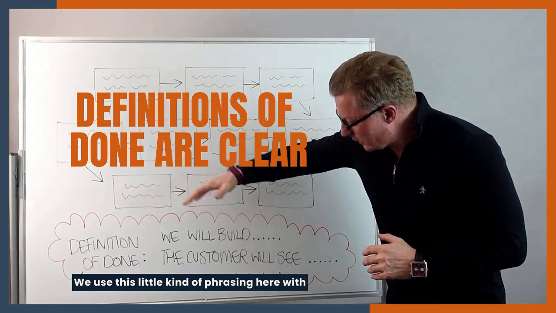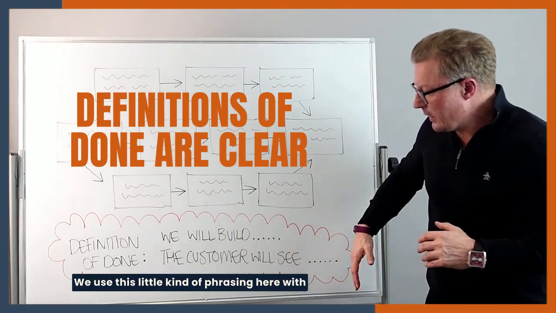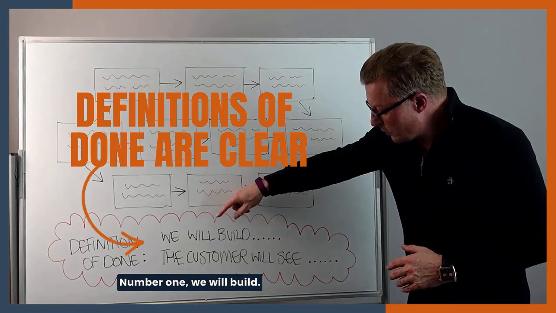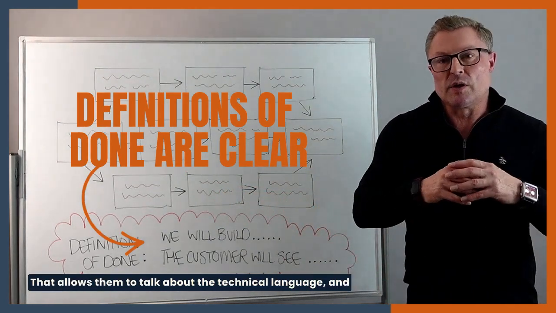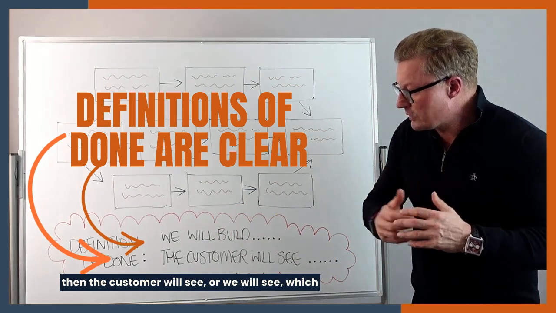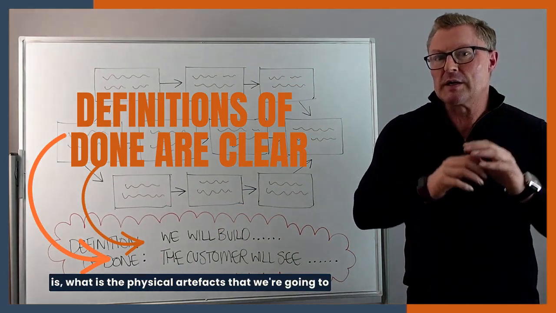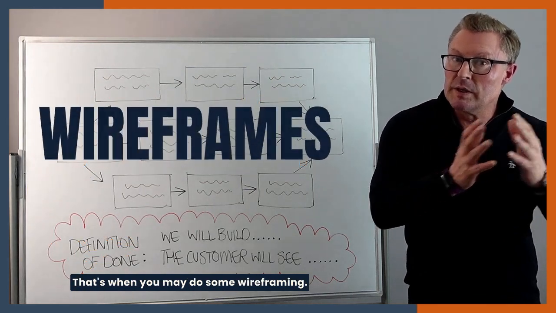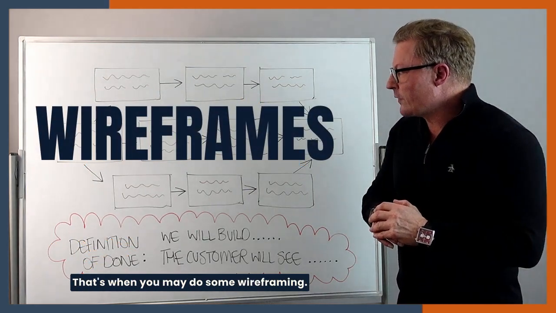We use this little kind of phrasing here with the team, where the team have to walk through, number one, we will build. That allows them to talk about the technical language, and then the customer will see, or we will see, which is what is the physical artifacts that we're going to see so that everybody's on the same page. That's when you may do some wireframing.